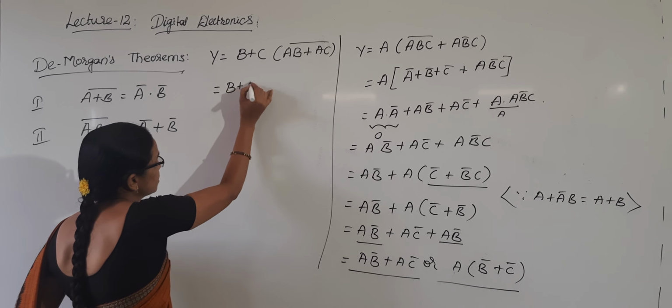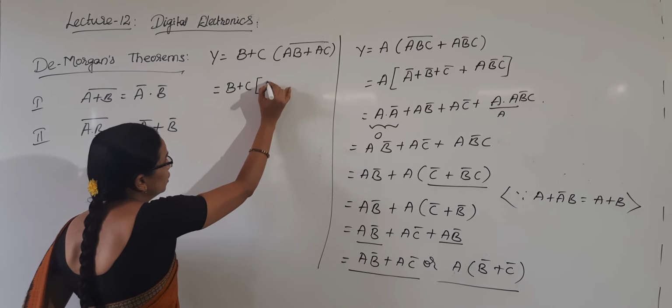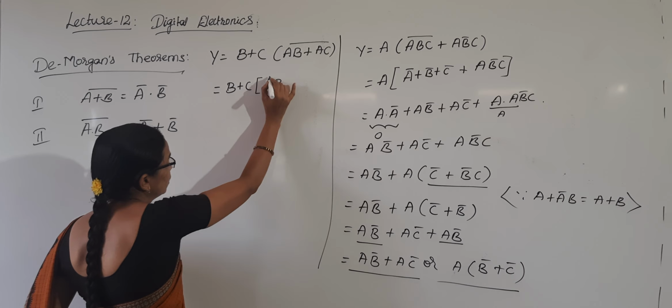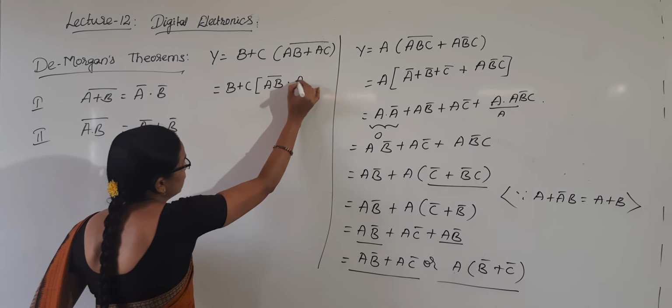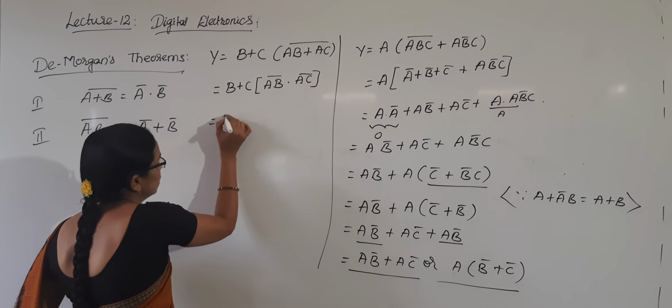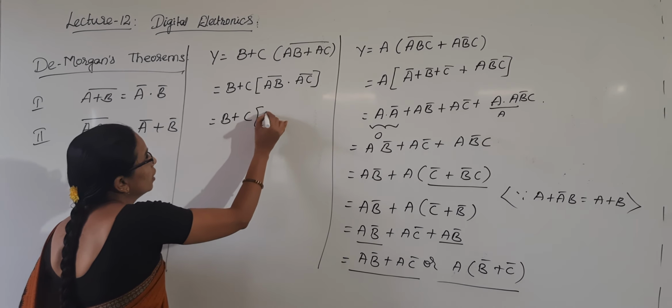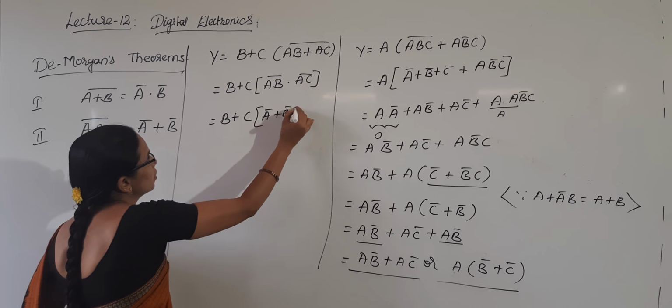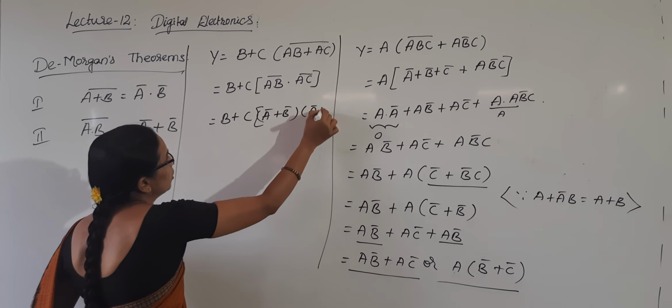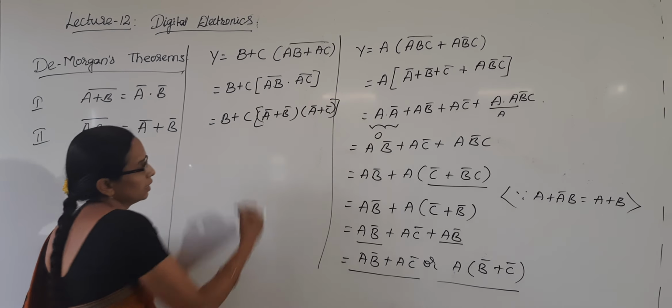B plus C, here (AB) whole bar dot (AC) whole bar. B plus C, A bar plus B bar, A bar plus C bar. You can split like this.